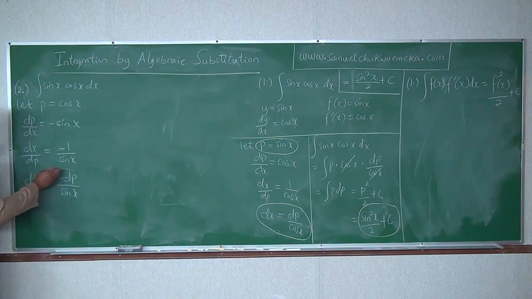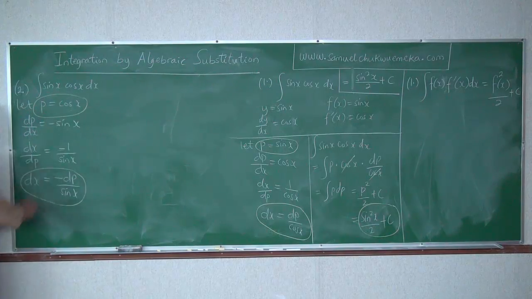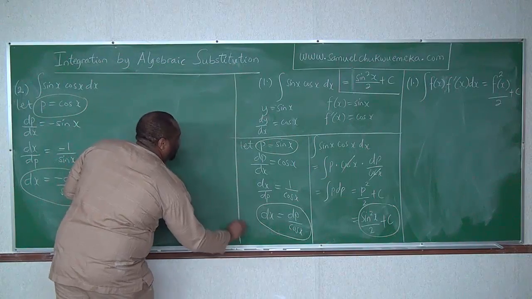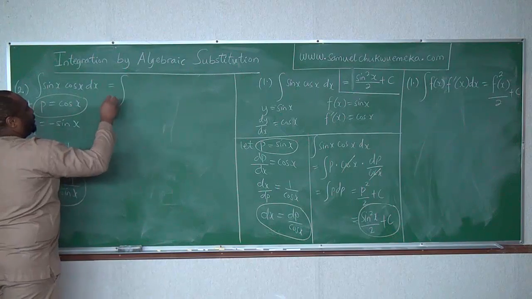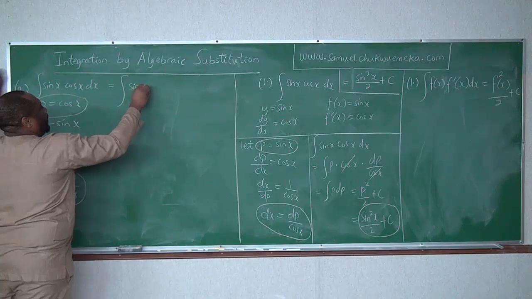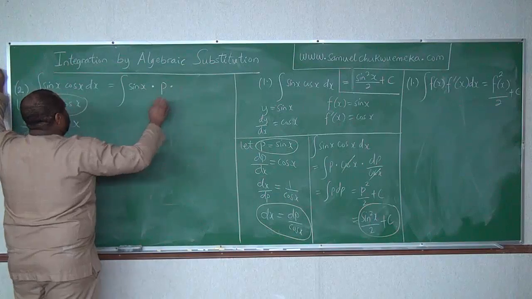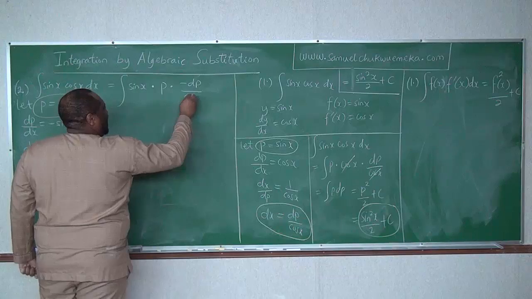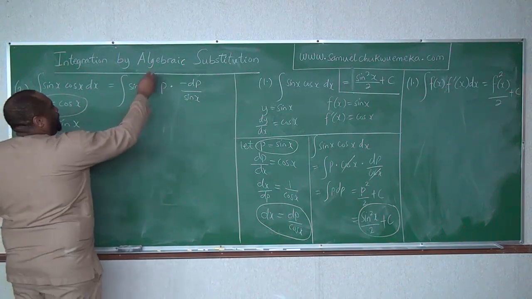We need this guy, and we need this guy. So this will be integral of sine x times P times dx, which is negative dP over sine x.